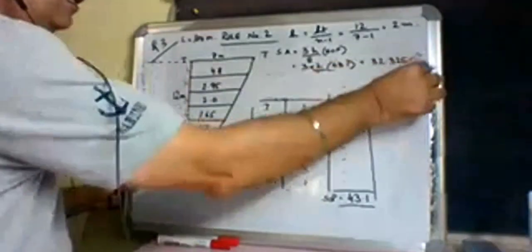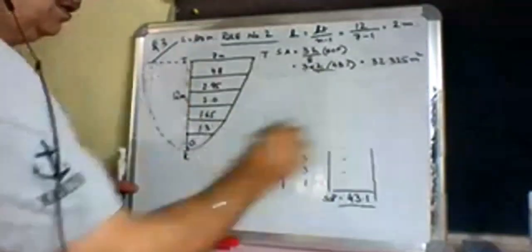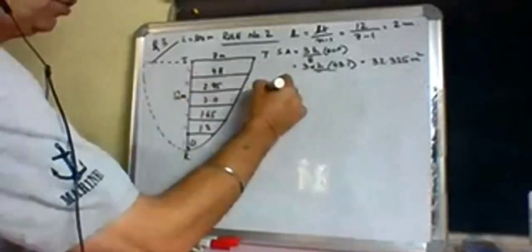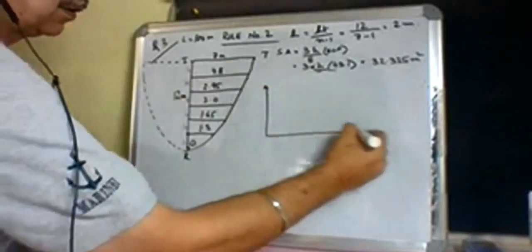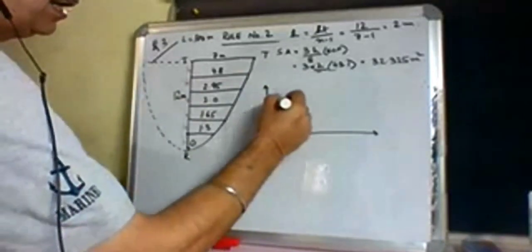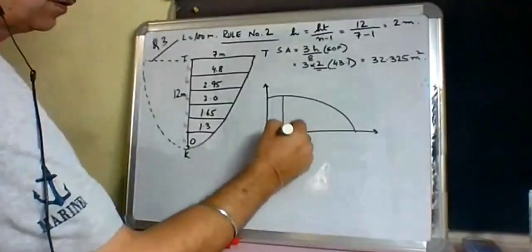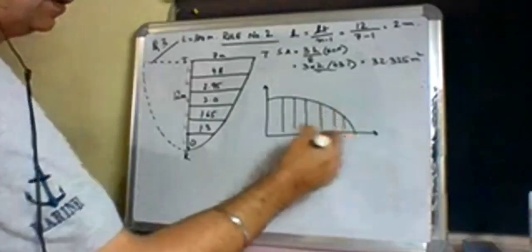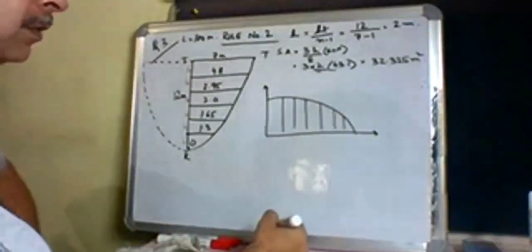And similarly, in a WPA diagram, water plane area diagram, when you are given half breadths, the diagram will look like this. These are the half breadths. Is that okay?